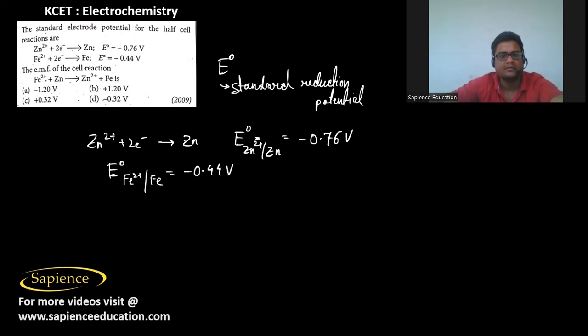Then the EMF of the cell reaction is asked. Here Fe2+ plus Zn is going to Zn2+ plus Fe. Fe is getting reduced, but zinc is getting oxidized.